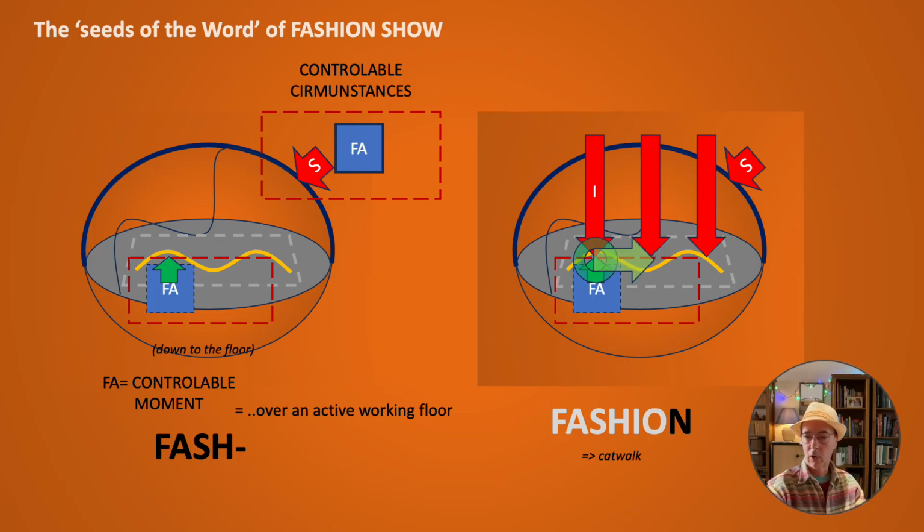And with the O, of course, I will also engage it into a move. It's almost like the move, not only on the working floor, which is also like a move on the walking path that is needed to show fashion, of course.